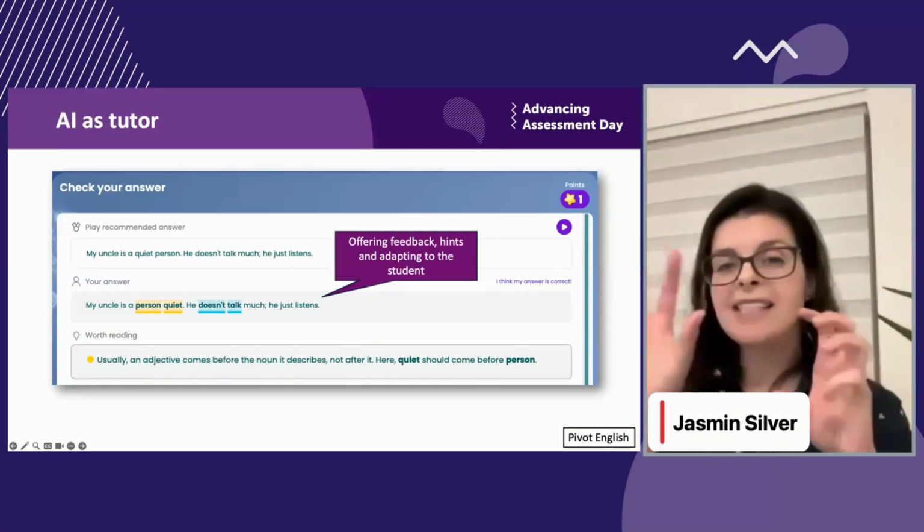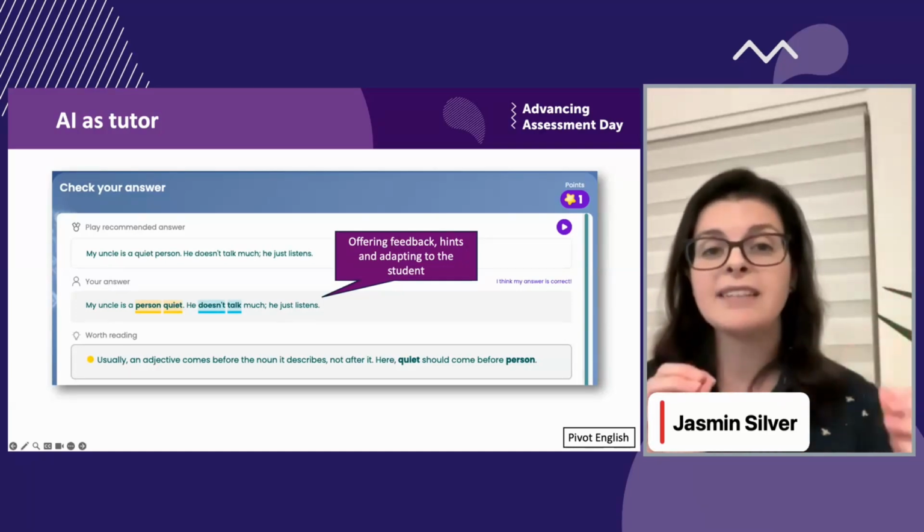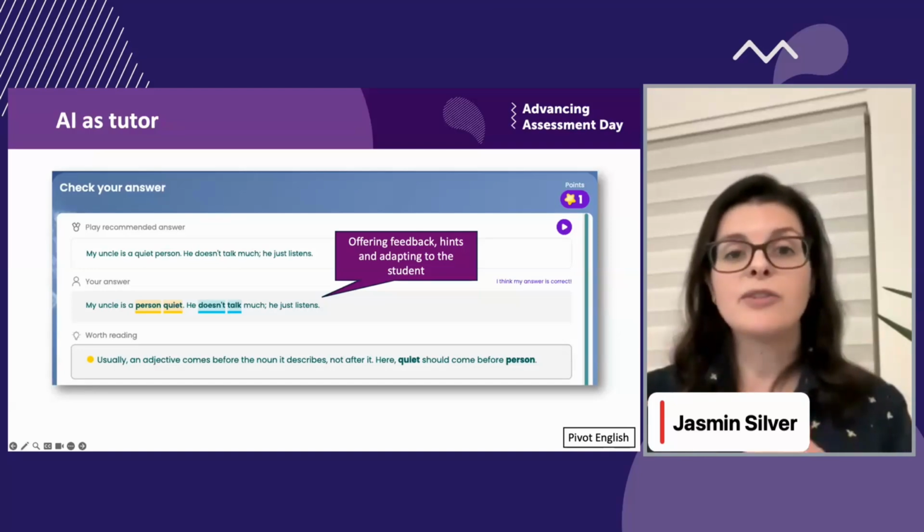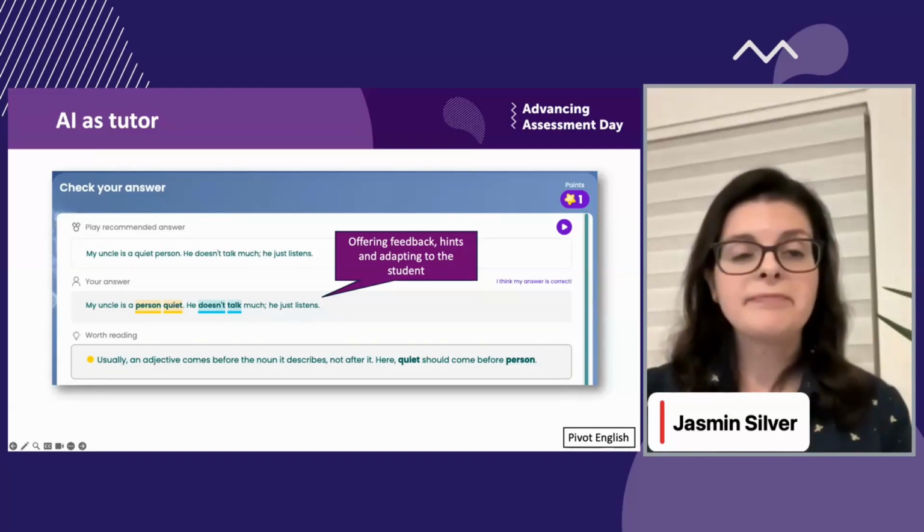So it highlights things that you might want to look at, it gives you hints, and then adapts depending on your strengths and weaknesses.